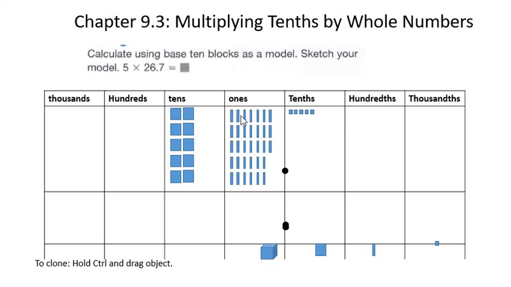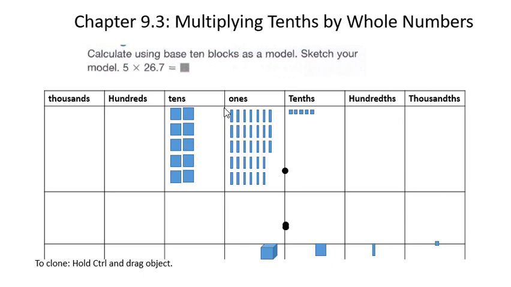So our next step now is calculating how many ones we have, which is right here. So I started off by making my 26.7 groups, and I made 5 of them. So I had 6 ones in every group and multiplied that by 5. That's 30 ones, but I just added 3 more ones. So that means I have 33 ones in here.